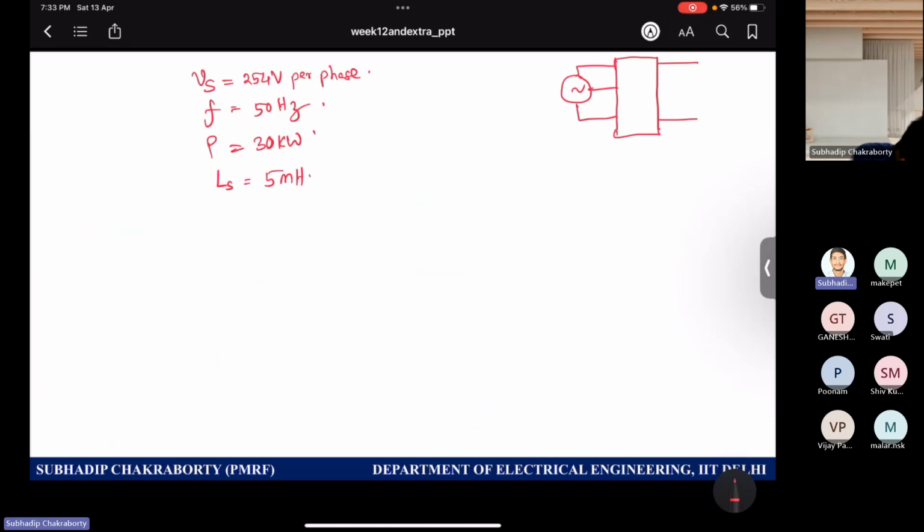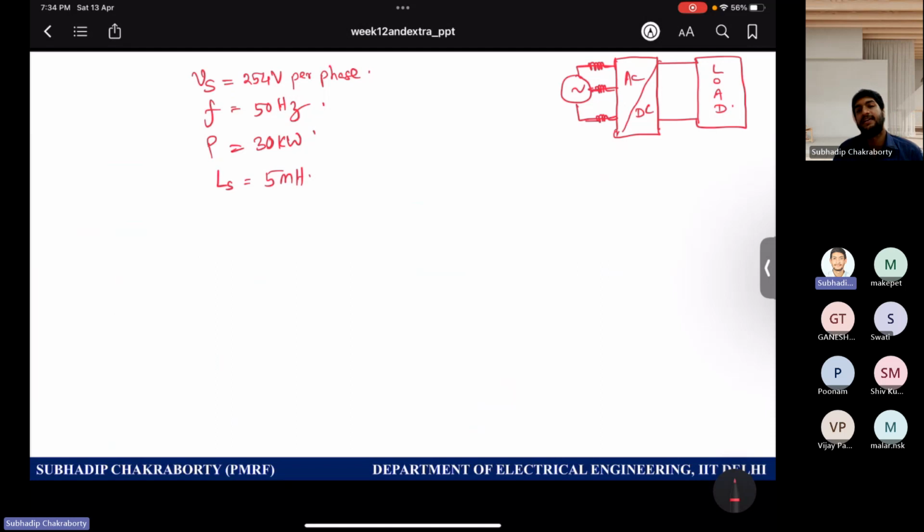About the load, nothing is specified, so it may be DC or AC. But since it is AC to DC, I can assume the load as a DC load only. And here I am talking about this interfacing inductor, right?